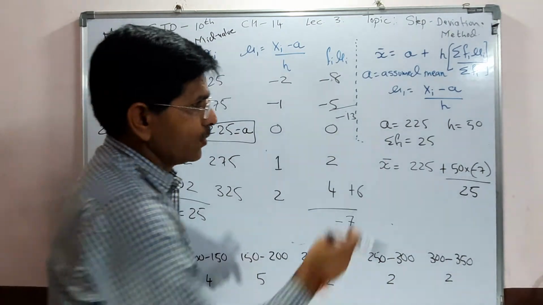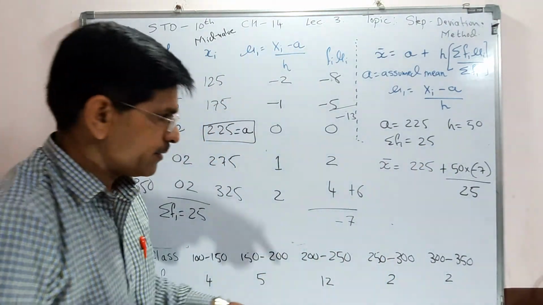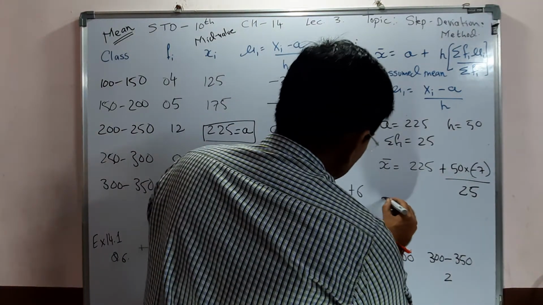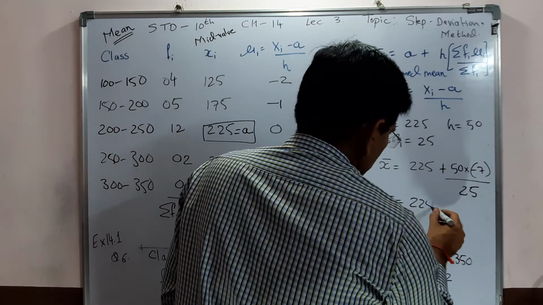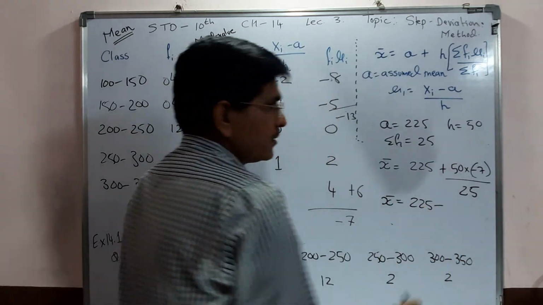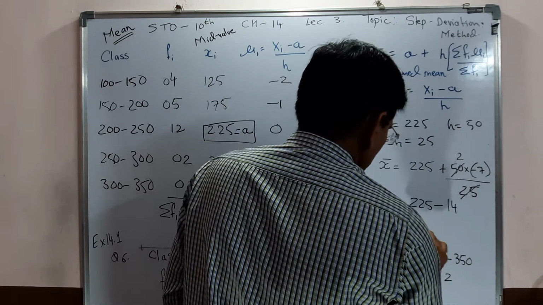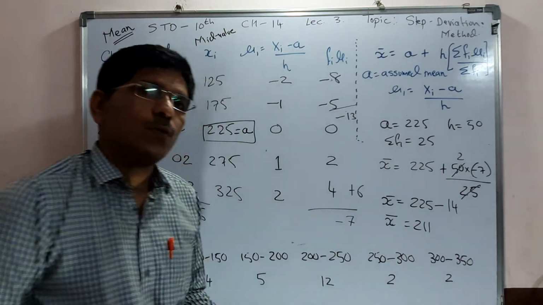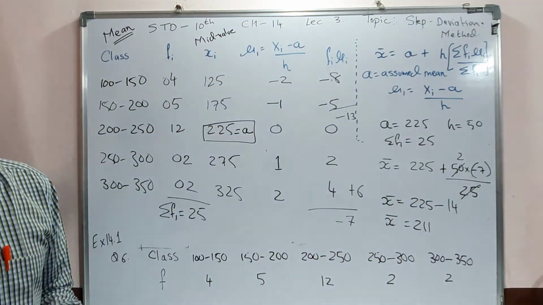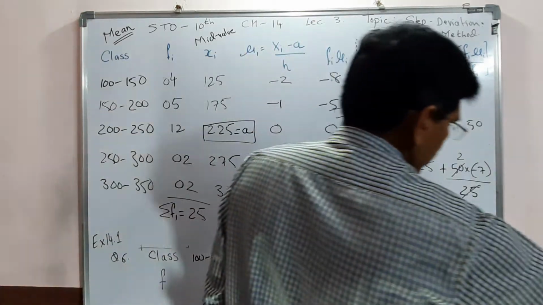Now, don't do 225 plus 50, that is wrong. What we have to do? x bar is equal to 225 minus 14, so 211. So x bar is equal to 211.